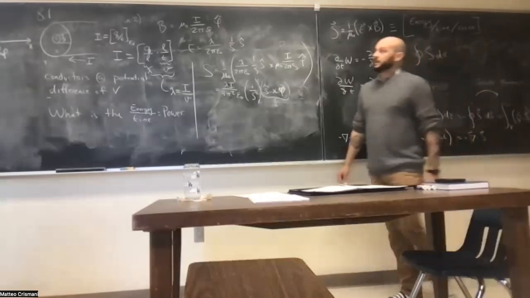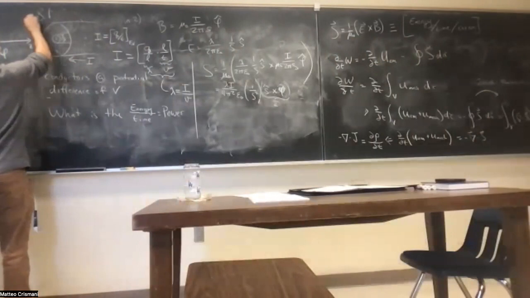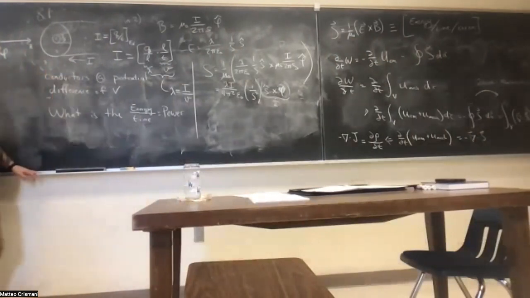So let's say I make a really big circle, but it's in the R, phi plane. It can be anywhere, I'm just taking a cross section.